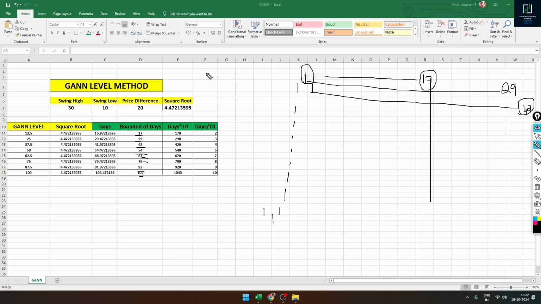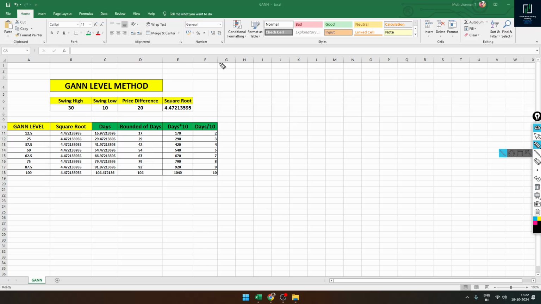But Gann never revealed his own secrets. So this can fail also, but you can make use of it. If it works, then we can apply it to our market, right?